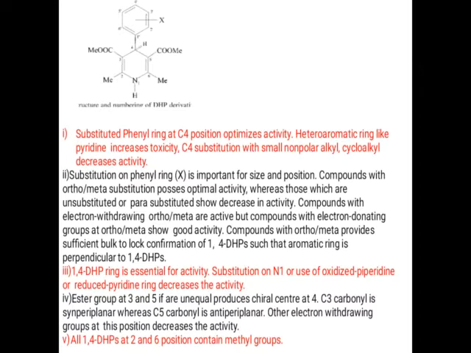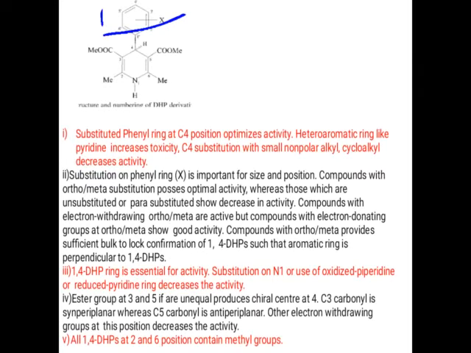The first one: the substituted phenyl ring at the 4th position is responsible for optimum activity. If we remove this ring, the upper ring, it will reduce the activity. So this ring must be present for optimum activity.